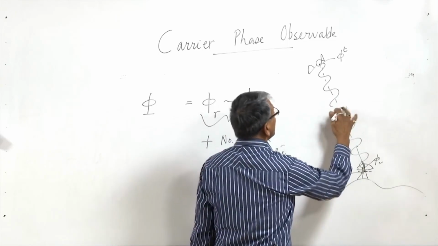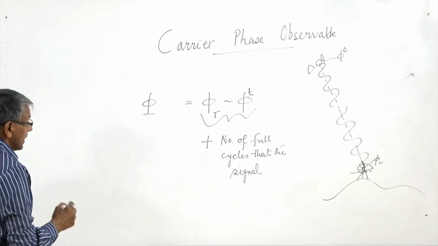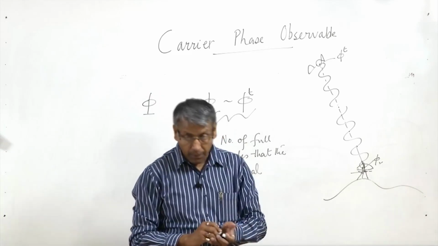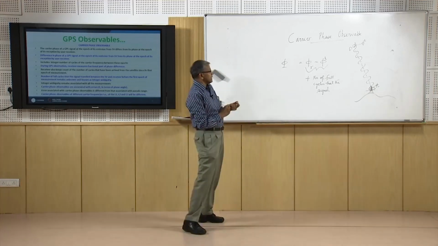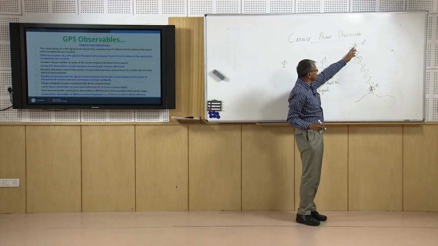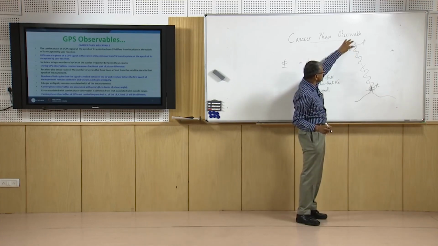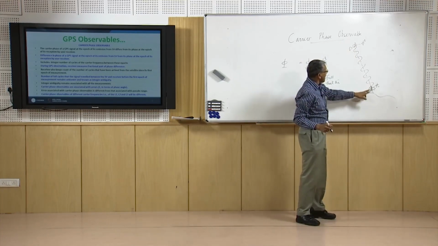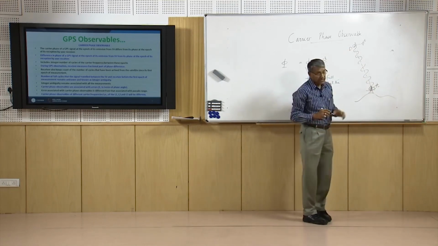Like that there will be full numbers of cycles. So the carrier phase observable fundamentally consists of the difference in phase between the transmitted signal at that instant of transmission and that at the time of reception plus full numbers of cycles.